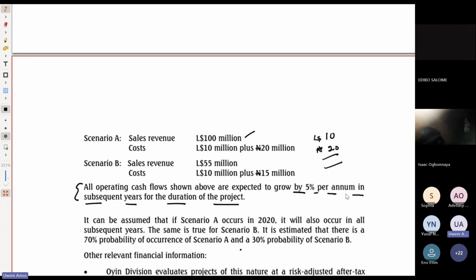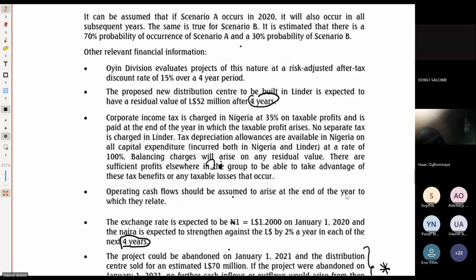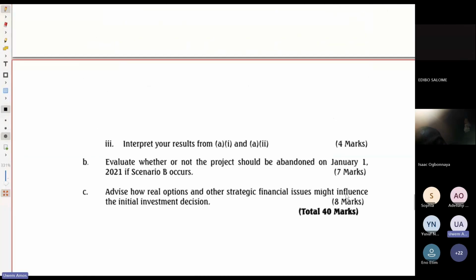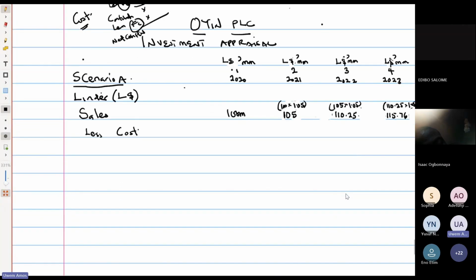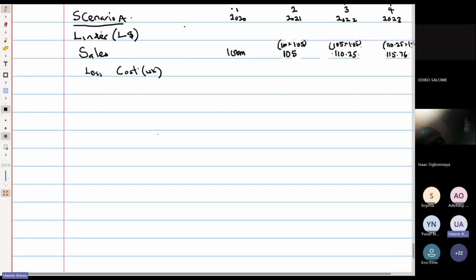So let's go and do our computation then. Because we have an extended computation, we'll do it in our notes. So we can call this working one. So let's go right down and do our working one, which is our cost.